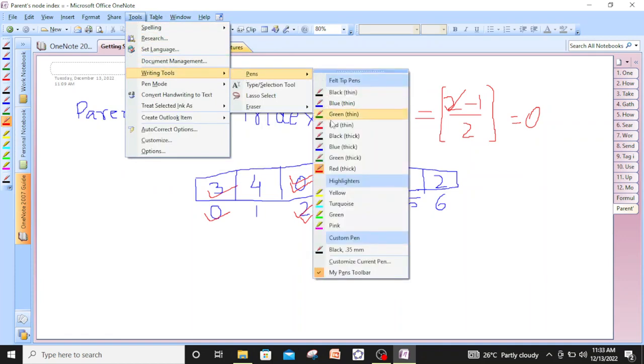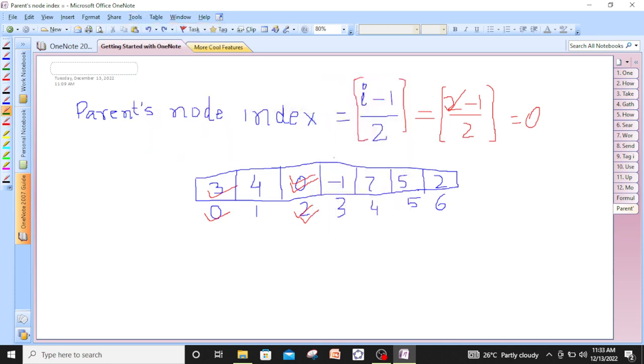This time I use the green color. Okay. Now the question is, what is the parent of this 2?